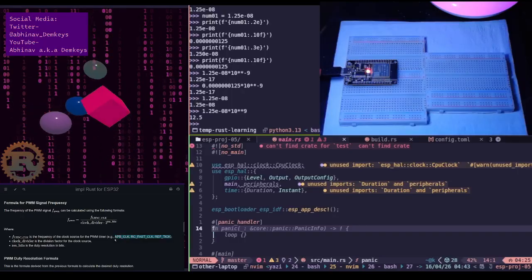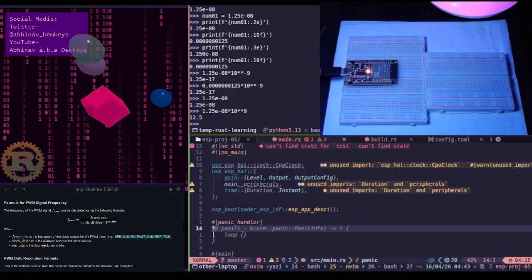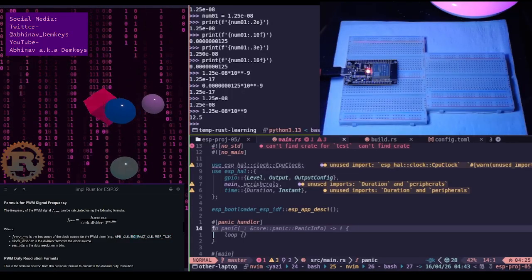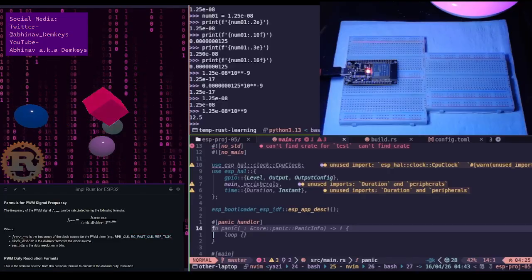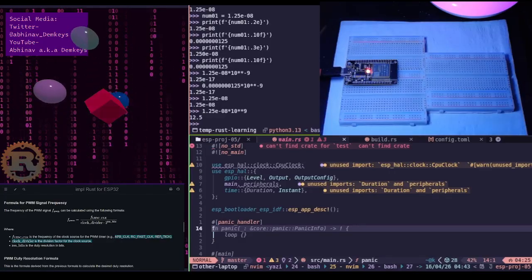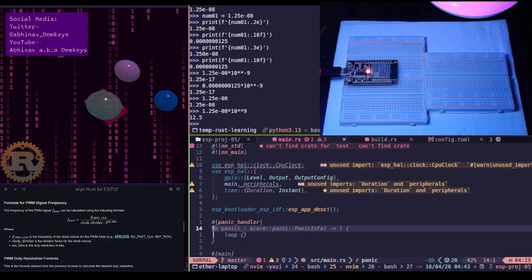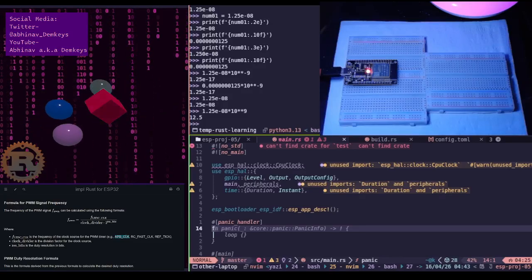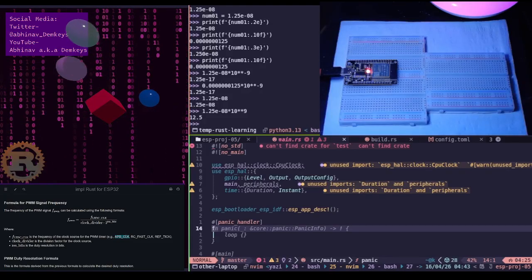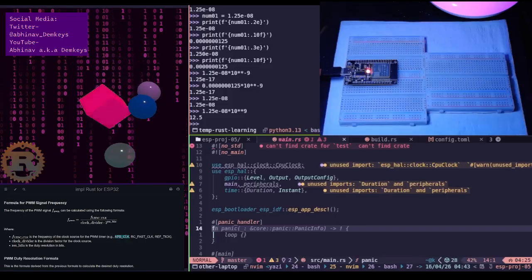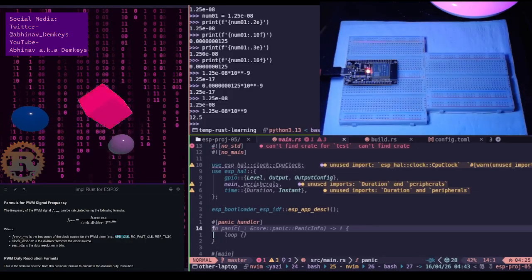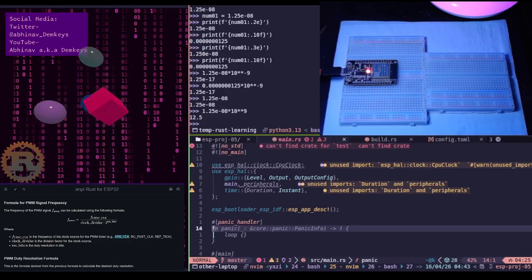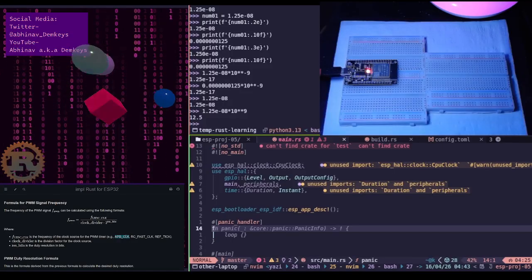The interesting thing is they're all getting their clock signal from somewhere, right? There's actually some reading that I have to do with Gemini on this, because it turns out APB clock is getting its signal directly from the CPU.